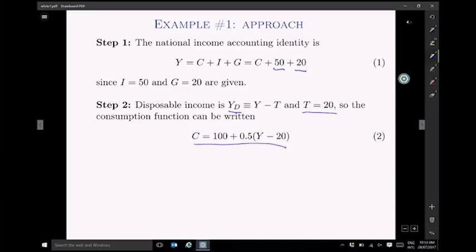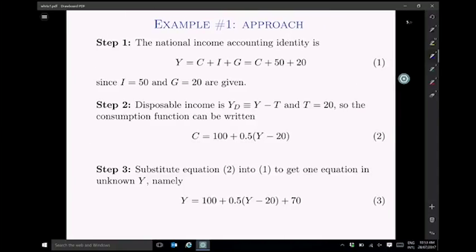We have this equation 2, the consumption function, right? Next, let's put everything in. We have Y equals consumption plus the 70. This is basically I plus G, right?